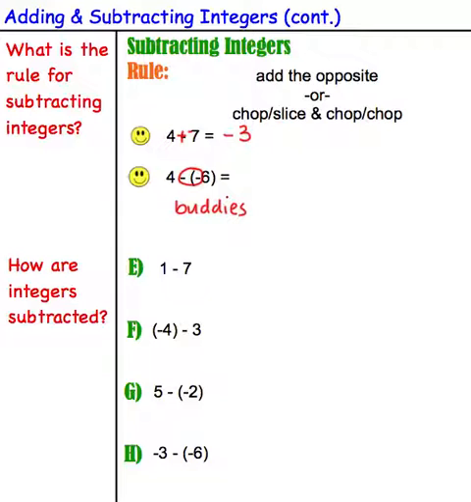So therefore, I like to chop, chop. If I have buddies, I chop, chop them, make them positive, because if you have two buddies together, it's usually a positive situation. Therefore, now 4 plus 6 is my problem, which is 10.